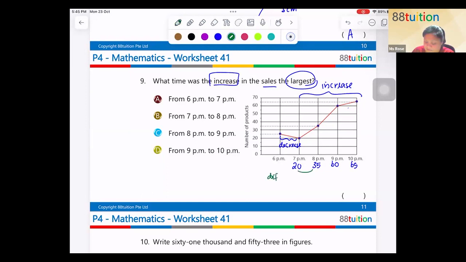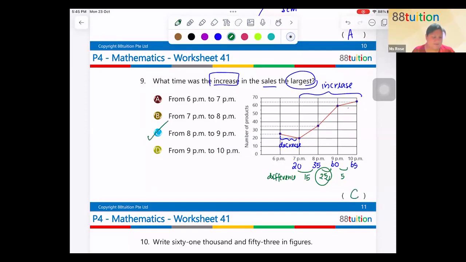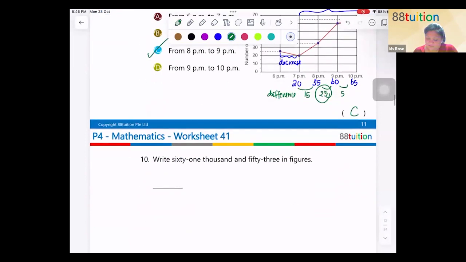So the difference is 15, 25, and 5. So which one has the greatest difference? 25. 8 to 9 p.m. So that's C. Okay, questions anyone? So that wraps up our MCQ for now.